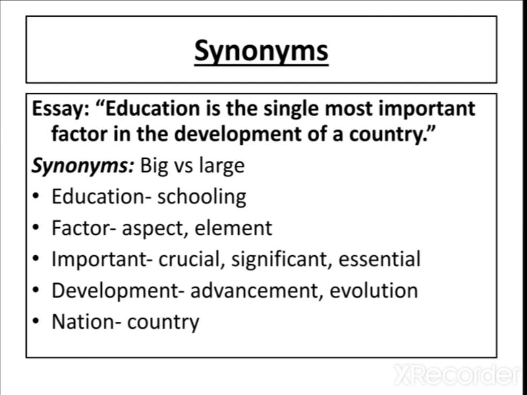Okay, so there are many words you can use, but the point here is to find a word that has the same meaning but is a different word. Here's another word, factor. Sometimes factor can be an aspect or an element. You can even say a significant role or a part.